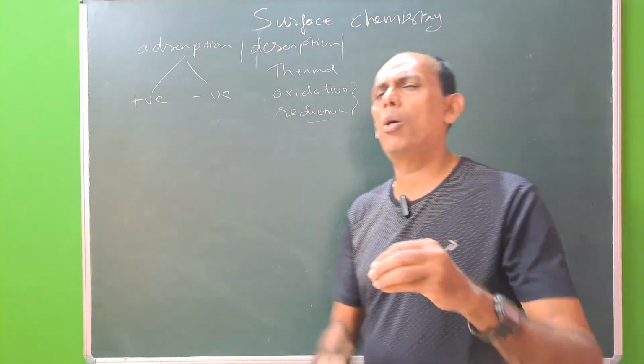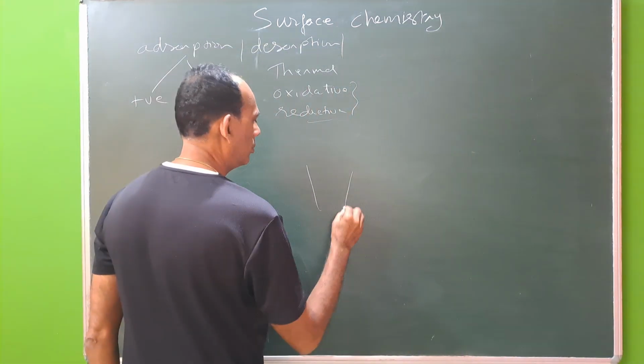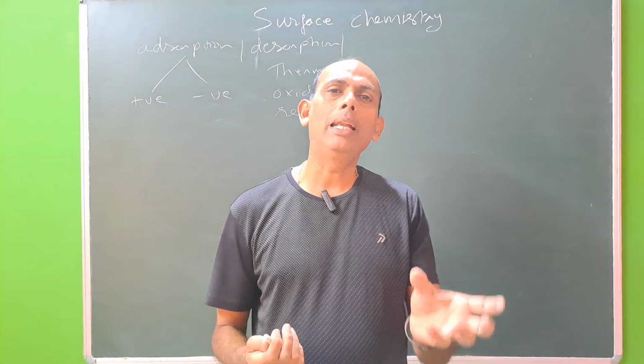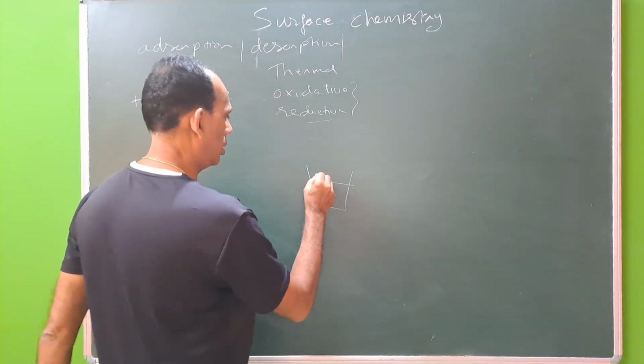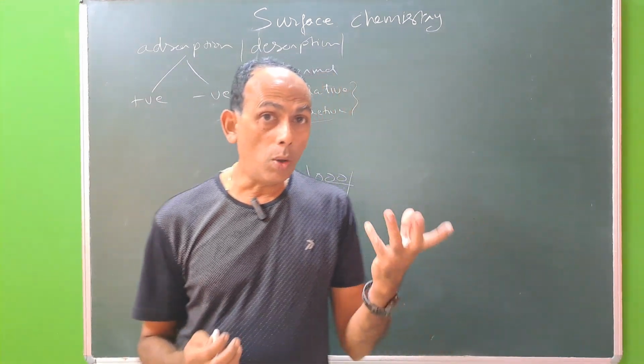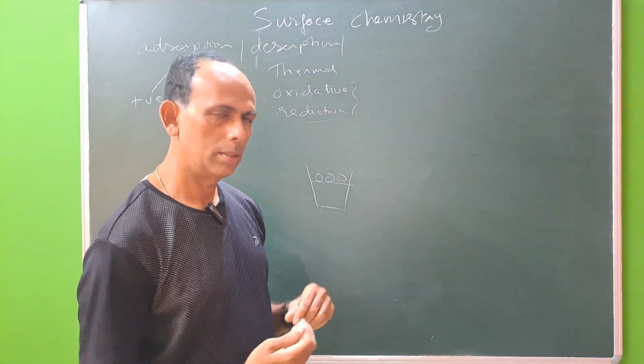Now I'll tell you one common example of desorption. See, you take a glass of water. By default, there will be adsorption on the surface of this water. Now this adsorption is automatic because it's a natural process. It happens.